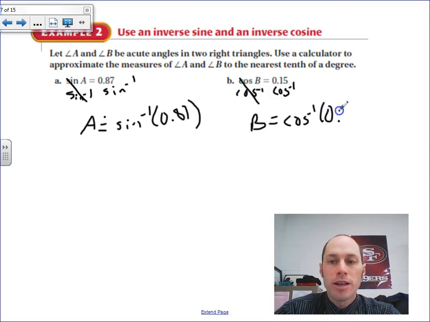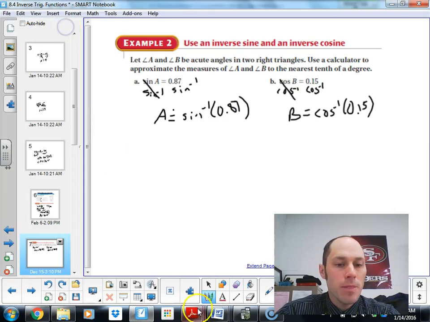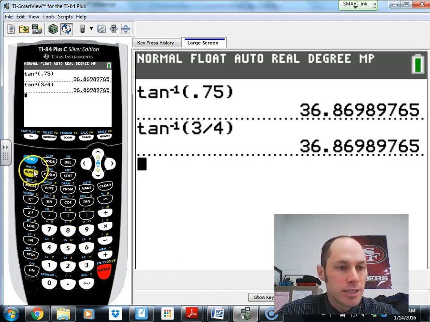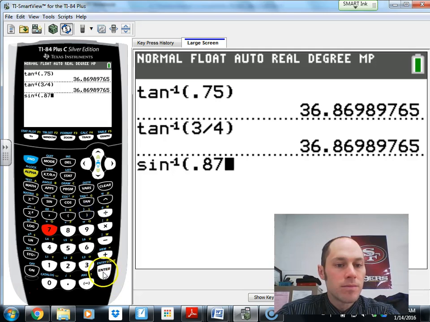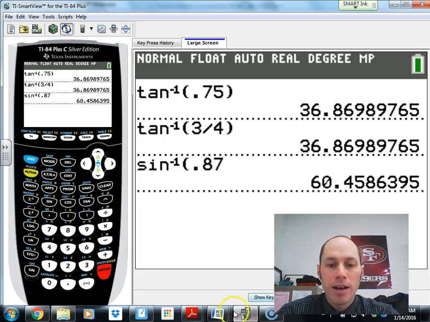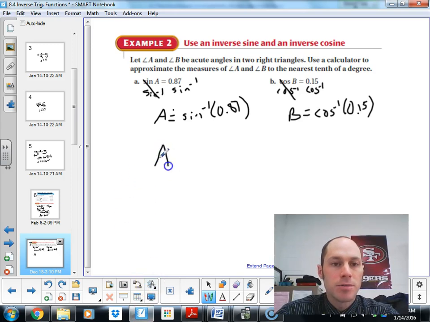So we'll go to our calculators and we will compute these. Sine inverse of 0.87 gives us 60.5. So A is about 60.5 degrees.